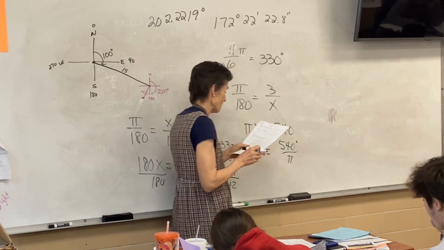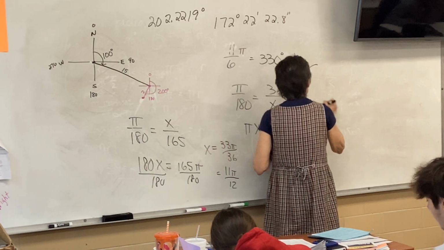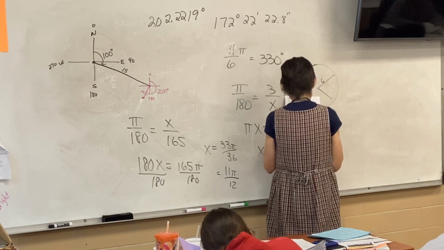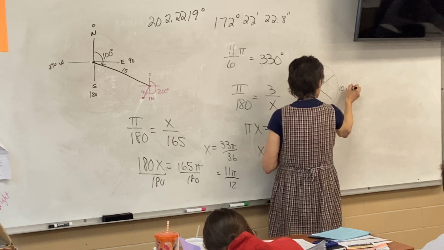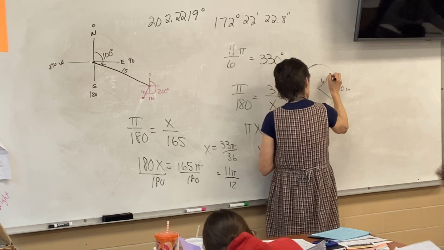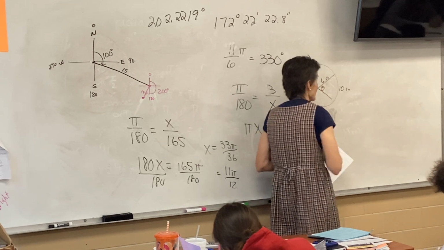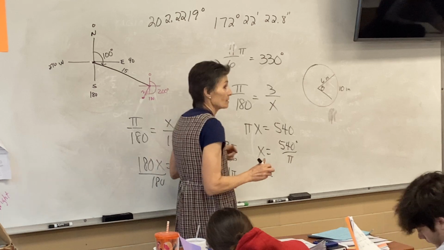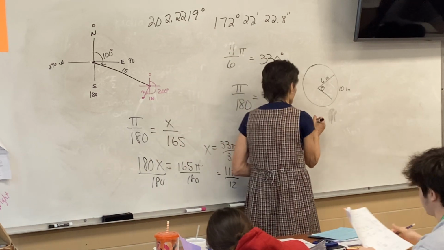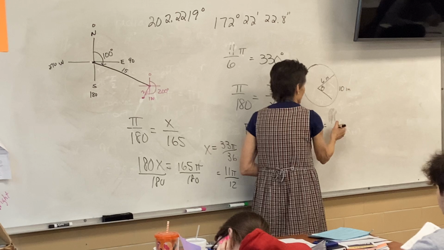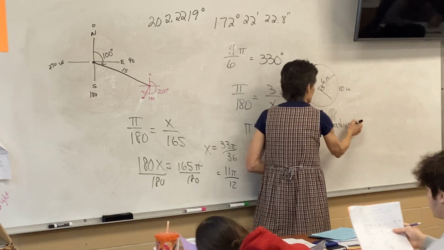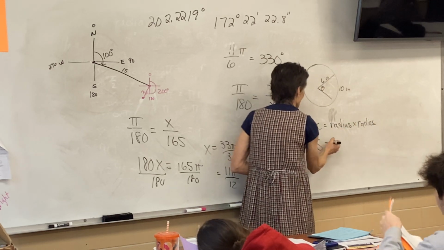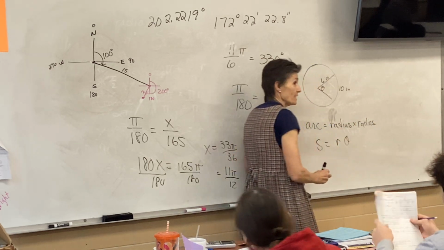All right, we can do 5A for sure. The radius is 6. The arc length is 10 inches. The radius is 6 inches. And our job is to find the angle. I erased it, but my formula is arc length equals radius times radians, or in terms of letters, S equals R theta.